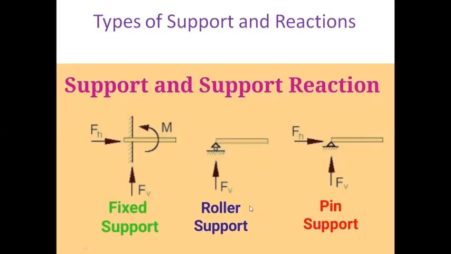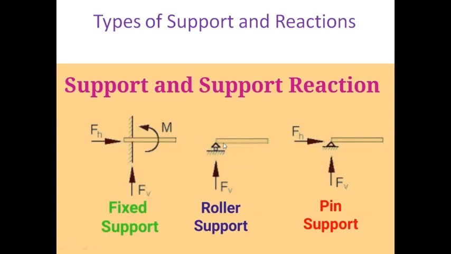Now first focus on roller support. ठीक है? So what we have in roller support? So you can observe one roller support or one roller or wheel is provided to the support. ठीक है? So here we can observe a triangular support is provided with a wheel below it. यानी होणार काय नेमकं की जेव्हा आपला हा बीम आहे, you can move that beam to the left hand side or to the right hand side.